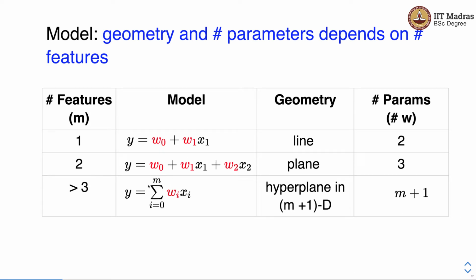This represents the equation of a hyperplane in m plus 1 dimensional space, and this hyperplane has exactly m plus 1 parameters, or in other words, the number of weights is equal to m plus 1. So there are m weights corresponding to m features and one more weight corresponding to the bias.